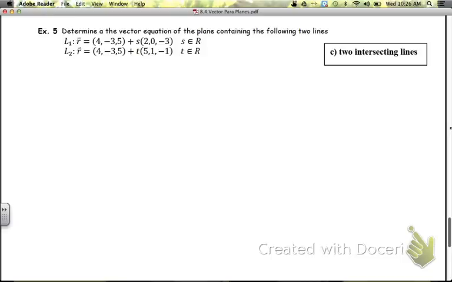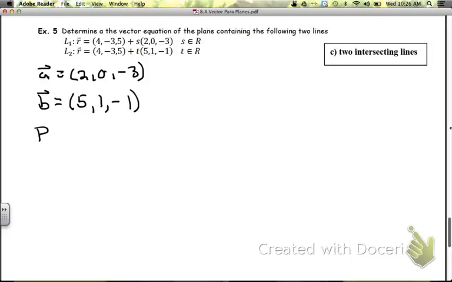And remember, we want to determine a vector equation of the plane containing those two lines. So here we know that our a is equal to (2, 0, -3), and we know that our vector b is equal to (5, 1, -1). And we know that we have our point equal to (4, -3, 5).